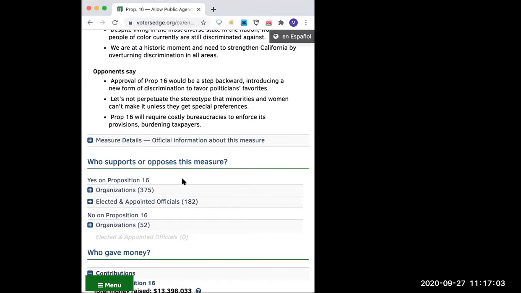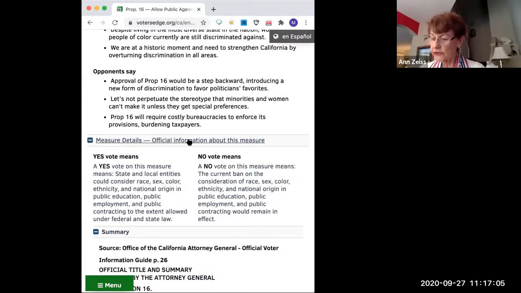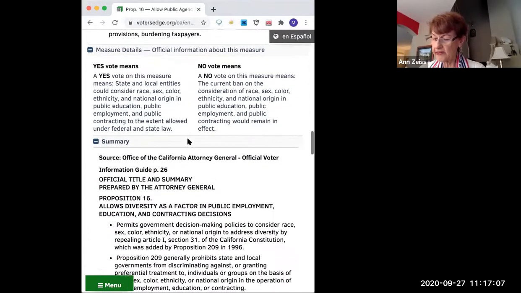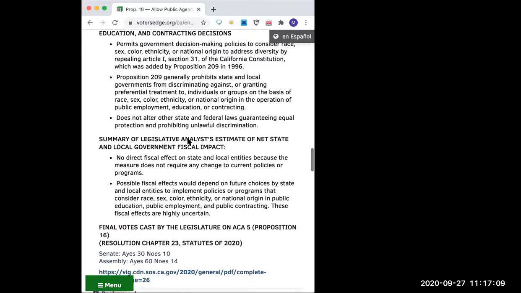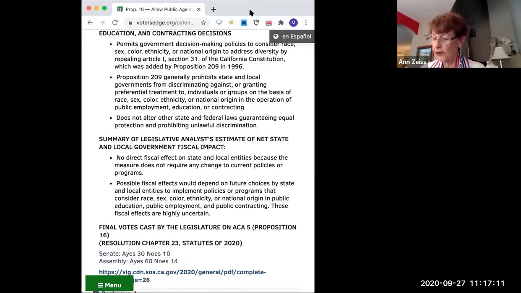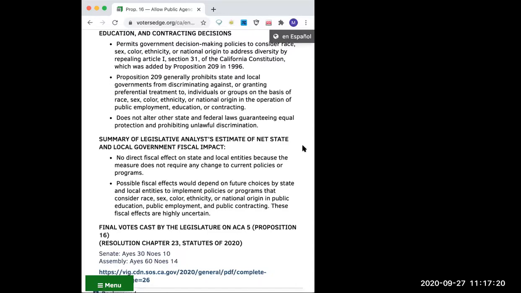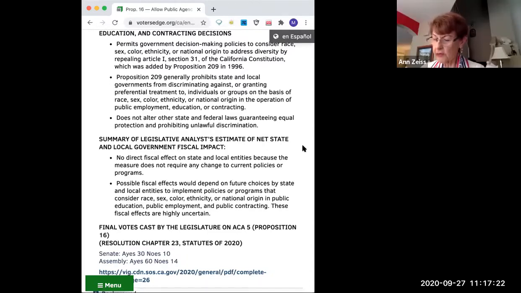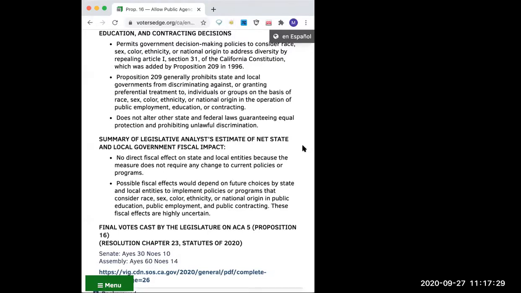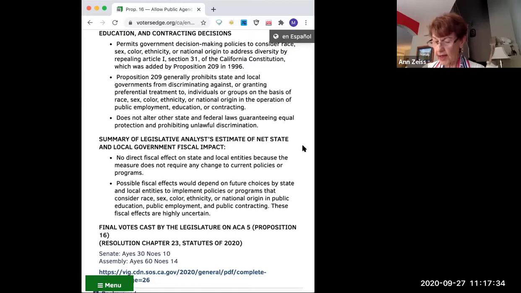As a result, state and local entities could establish a wider range of policies and programs so long as they are consistent with federal and state law related to equal protection. Fiscal effects: there would be no direct fiscal effect. It would not require any change to current policies or programs. Potential fiscal effects are highly uncertain.